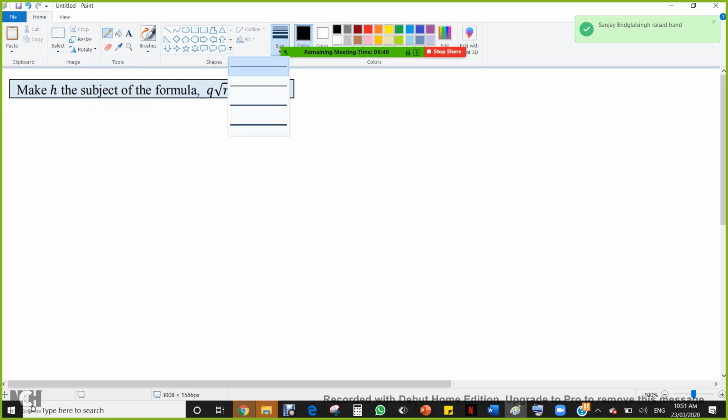Where did h come from? I'm not seeing h in this formula.